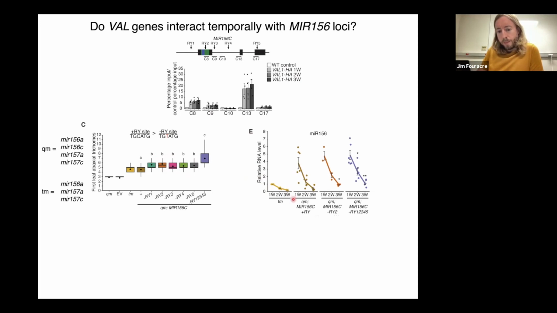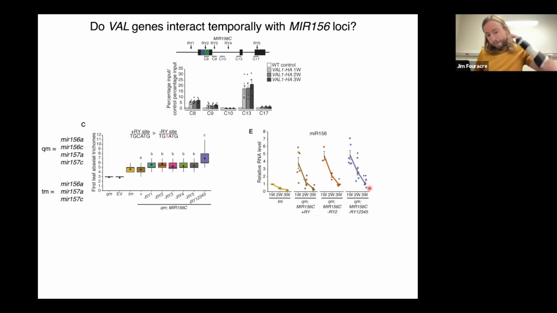For the wild type version of 156C in the quadruple mutant background, you see this temporal decline. And there's quite a lot of variation here because these are different independent homozygous insertions. But when you remove a single RY site, perhaps the most important RY site, and all 5 RY sites together, you see a bit of a bump in terms of 156 levels. But again, you see this really consistent temporal decline in 156 levels.